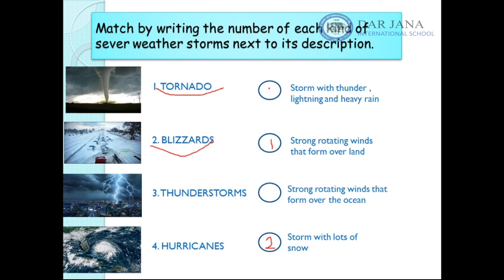It is the lightning one and the thunder. Now the hurricanes. Hurricanes are also rotating winds, but as you can see, they form over the ocean. So it's over here. They are strong rotating winds that form over the oceans.